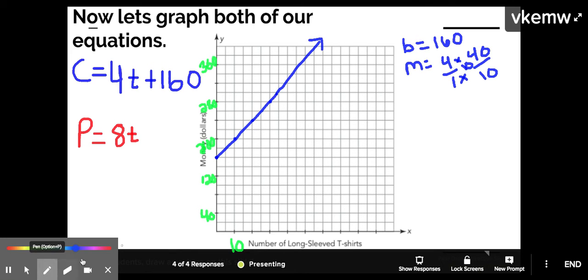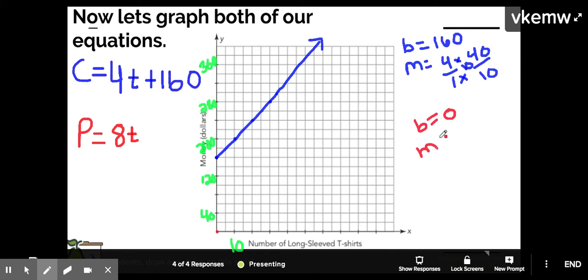Now, I'm going to go ahead and graph this line. Well, if we don't sell any shirts, we will make $0 because this would be plus 0, right? So our y-intercept is 0 for this one. Our slope is 8 over 1, right?